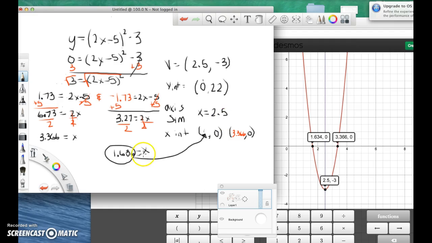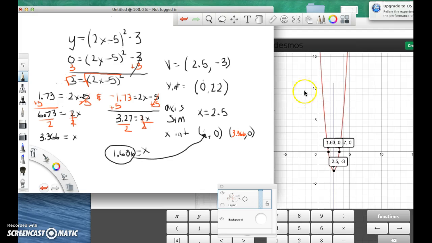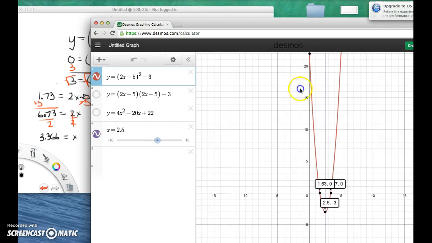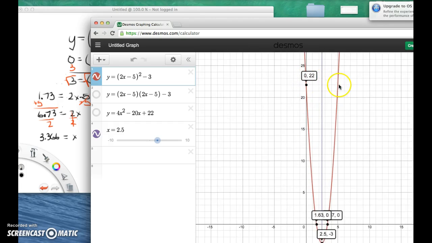What you can use is your knowledge of the x-intercepts having y as 0, the vertex being in the middle of the axis, and the y-intercept having 0 as the x. And there's mirroring points too. See this one right here? It mirrors this one right there.